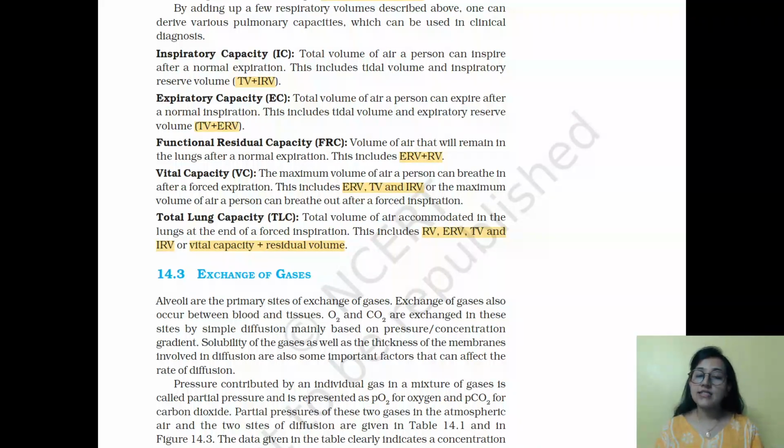So TLC equals VC plus residual volume, and if we break down the vital capacity, we get expiratory reserve volume plus tidal volume plus inspiratory reserve volume. So TLC becomes residual volume plus expiratory reserve volume plus tidal volume plus inspiratory reserve volume. So this is all about different pulmonary volumes and capacities.